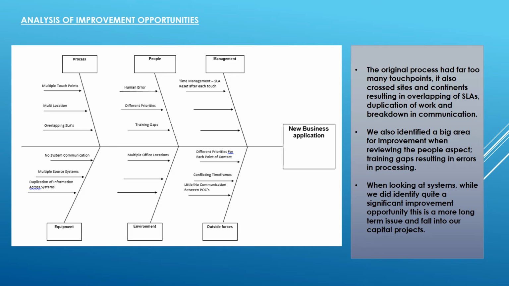There is little to no communication between our points of contact. This I've once again touched on in the earlier part, the environment. We've got very slim, undetailed notes from each touch point. So these were some of the areas that we really had to look at, really drill down and see where we can make changes to eliminate these.